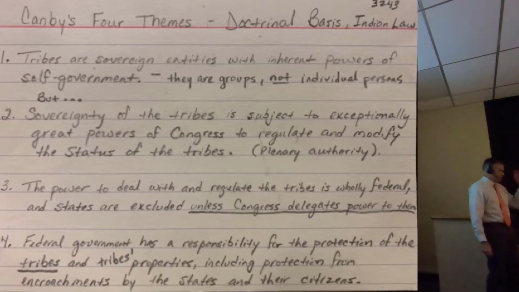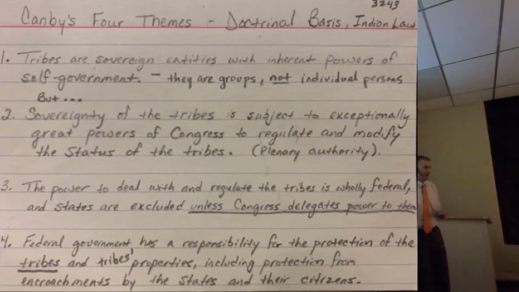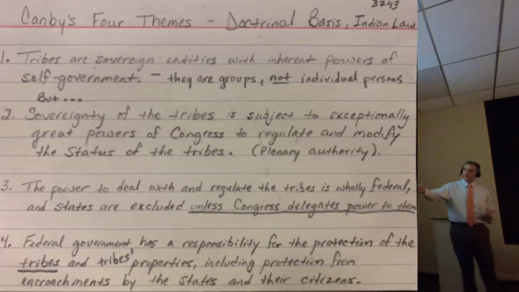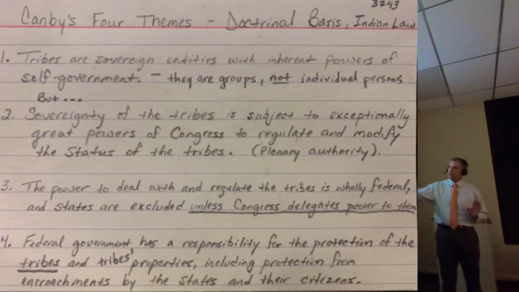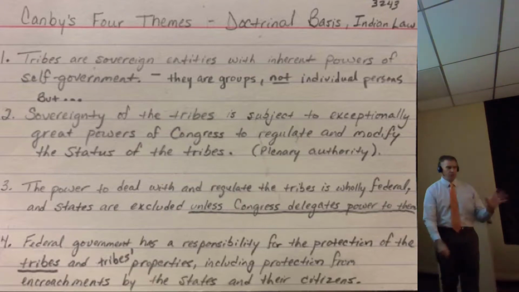That's observation number 3, really significant theme number 3. We'll continue to see this over and over. The power to deal with and regulate the tribes is federal, not state, and the states can only have a say in it if Congress specifically delegates such power to states, which it has done.